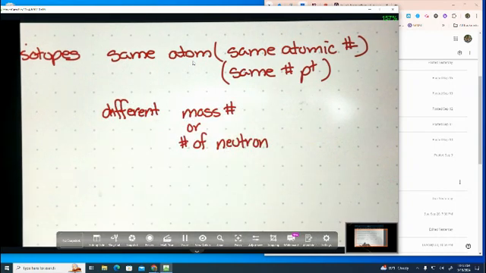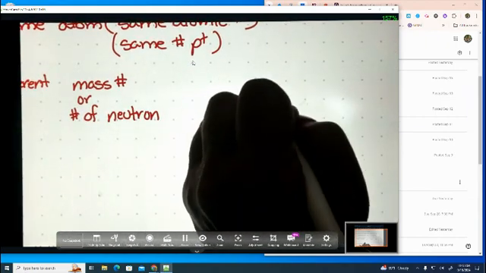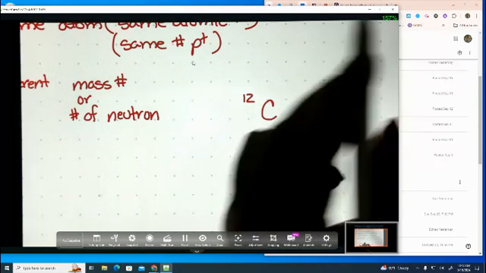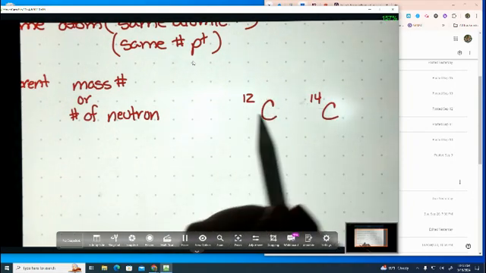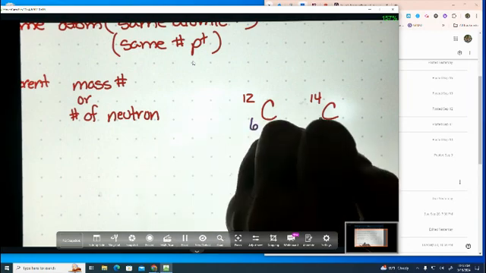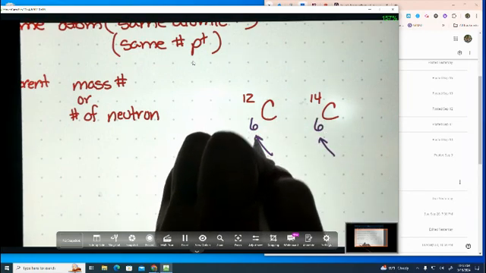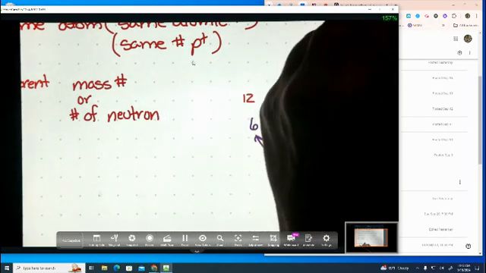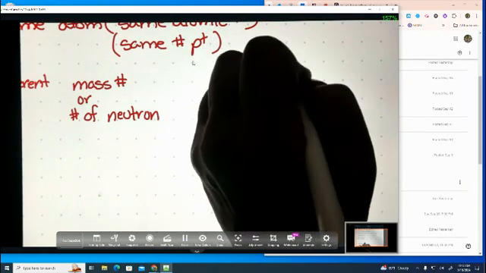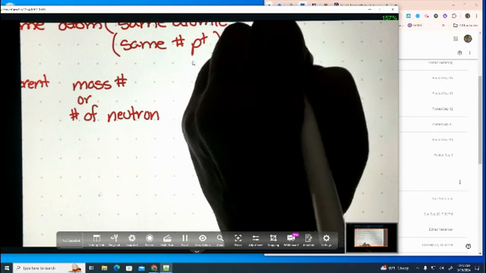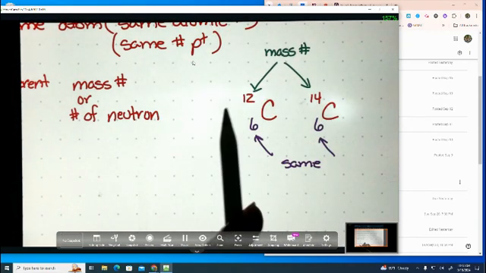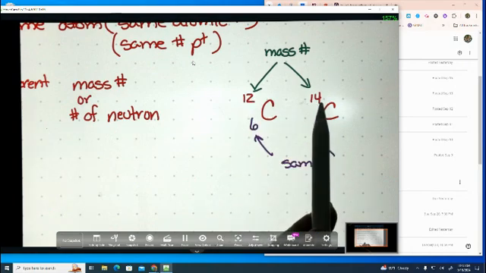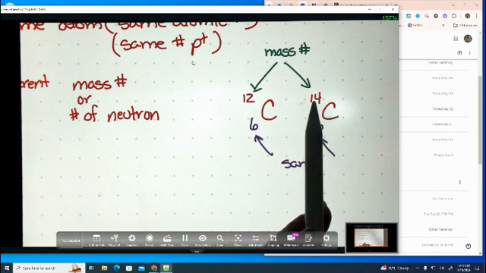Let me give you an example of that. Carbon 12 and carbon 14. Both of these are carbon, so their atomic numbers are going to be 6. Those numbers are going to be the same. These numbers up here are mass numbers. This guy has a mass of 12. This guy has a mass of 14.